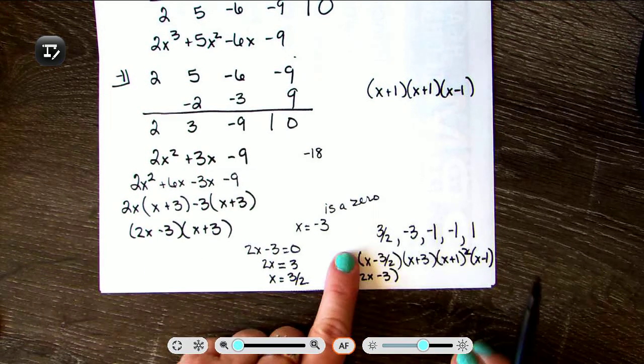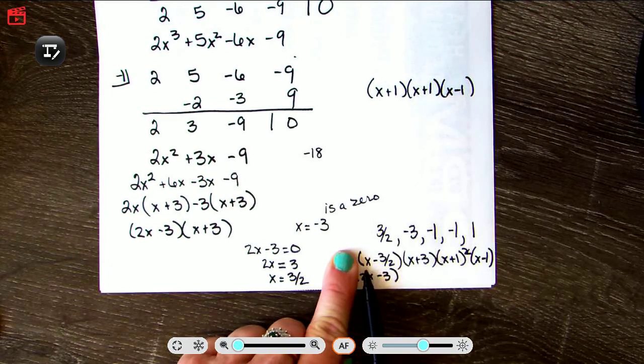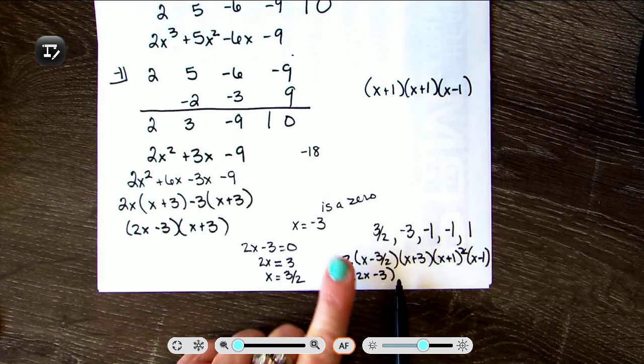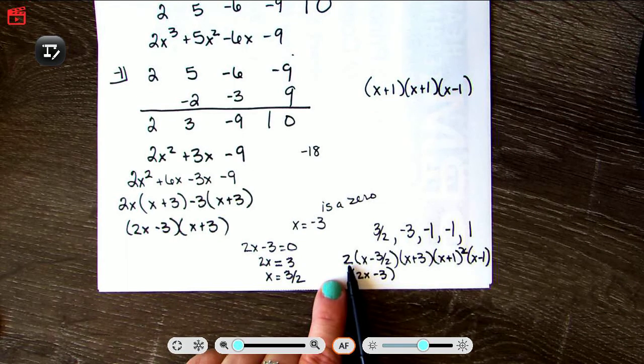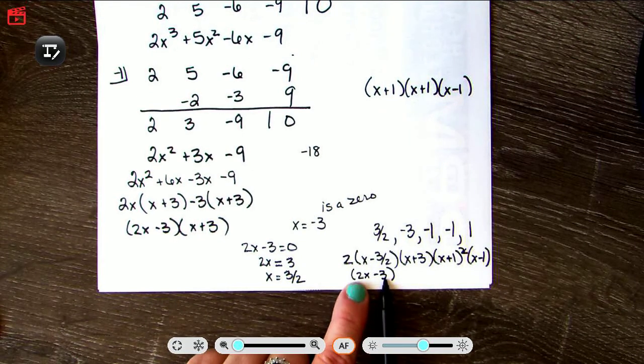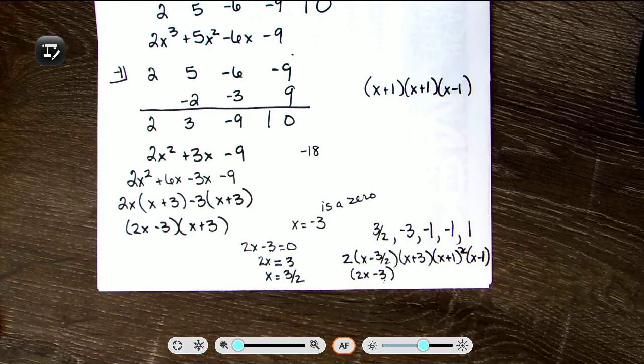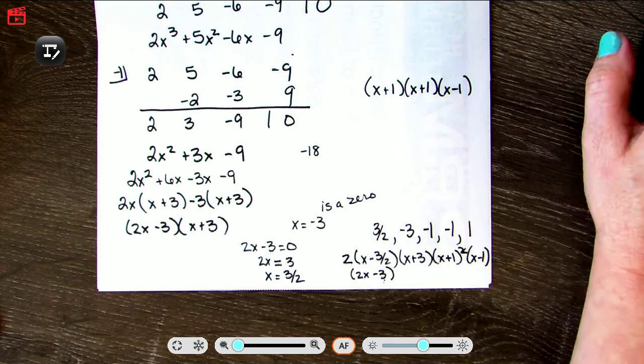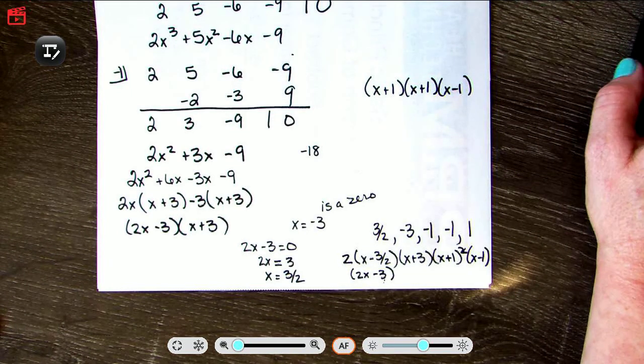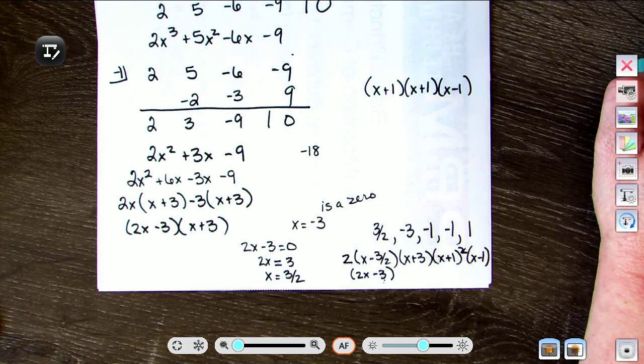So if you want to write them as linear factors as the x minus c's, you're going to have the fraction in there, and that leading coefficient pulled out. Or you can multiply that leading coefficient in, depending on how they want it written. So here's an example of finding our 5 zeros. These problems take time and a lot of luck. So good luck.